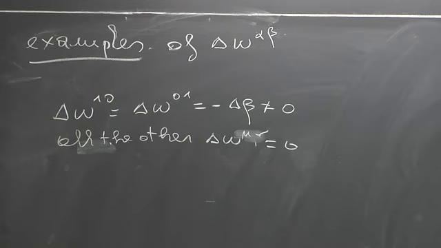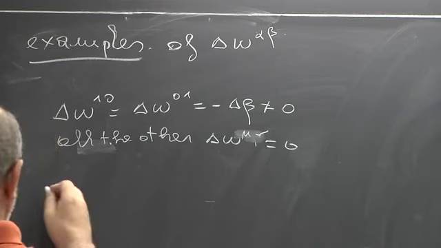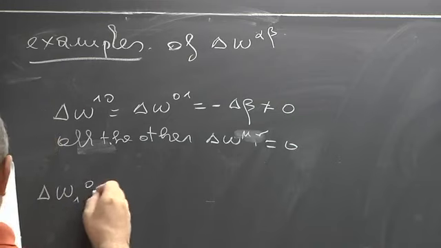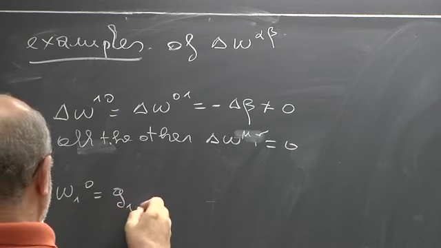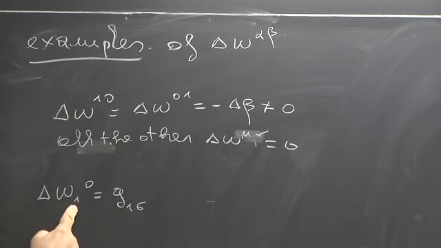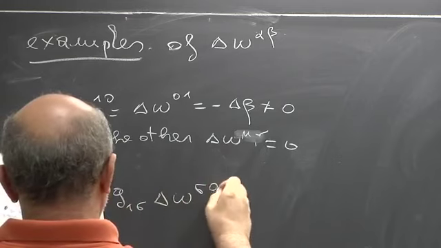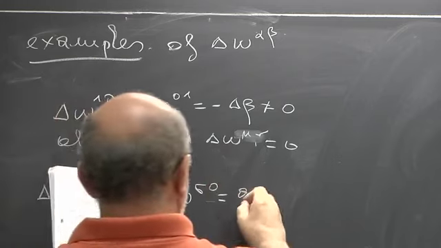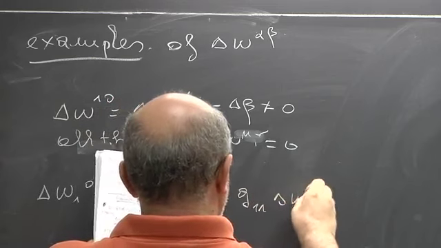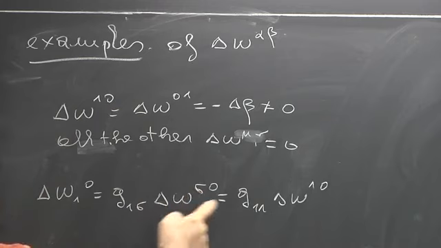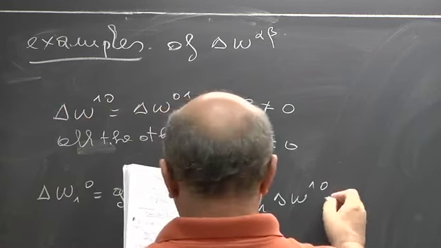Okay. Well, first of all, let's start lowering, and let's lower, for example, 1, and this we know is G1 sigma. So I take this and I lower the index 1, is G1 sigma delta omega sigma 0, and this is G11 delta omega 1, 0. Why? Because you see, this object has only 1, 0 as element different from 0. Okay?